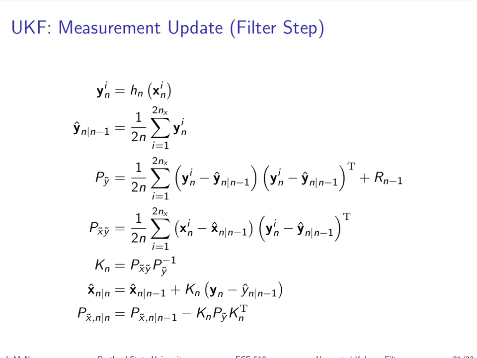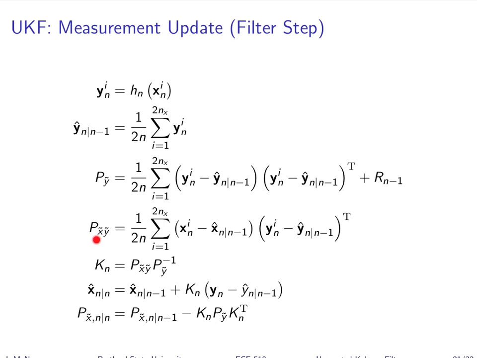And then there's another matrix that we compute that is different than the Kalman filter recursions. This is a slight difference where we're getting a covariance matrix. And this is a sample average of the state sigma points minus their average times the transpose of the measurement sigma points minus their average. And that gives us an estimate of that covariance matrix.